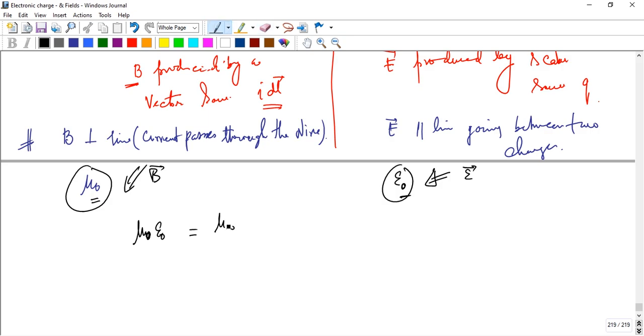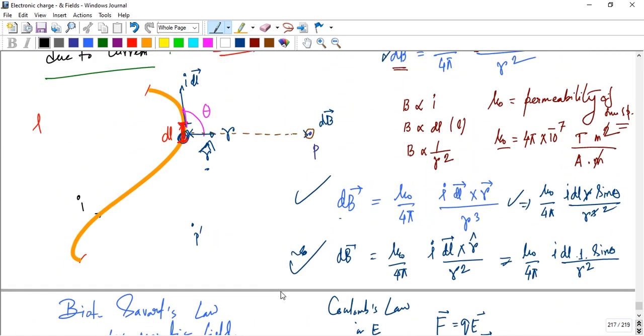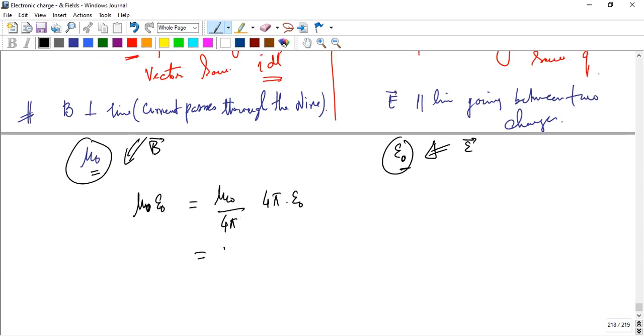Mu 0 by 4 pi gives 10 to the power minus 7, and 1 by 4 pi epsilon naught is equal to 9 into 10 to the power 9.